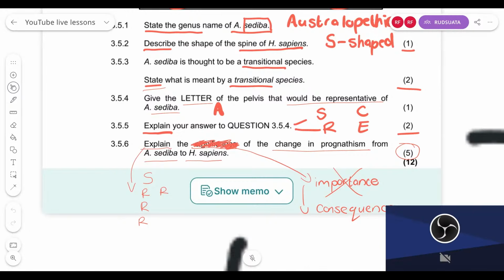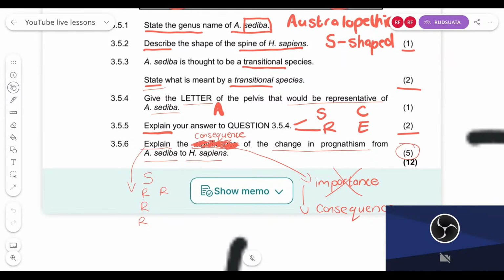And we said, explain the consequence, because it actually doesn't mean the same thing. Consequence means what are the consequences of your actions? What is the consequence of the change in the skull? That's very different to saying what's the importance of the change. They're not the same thing.